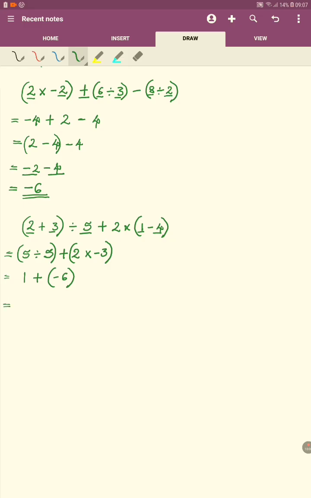So here when you remove the bracket, you're going to realize that the negative always is more powerful. It's like you're multiplying positive by negative, and you're going to end up with 1 minus 6, and 1 minus 6 is equal to minus 5.